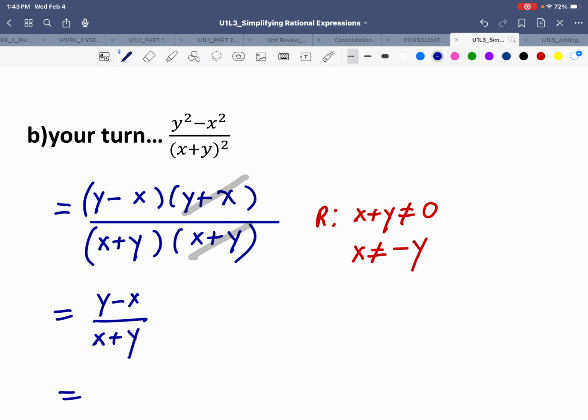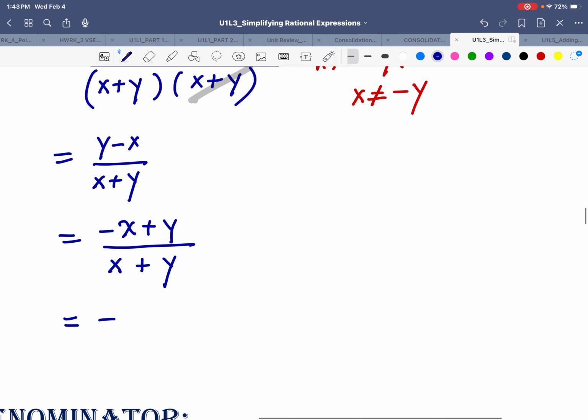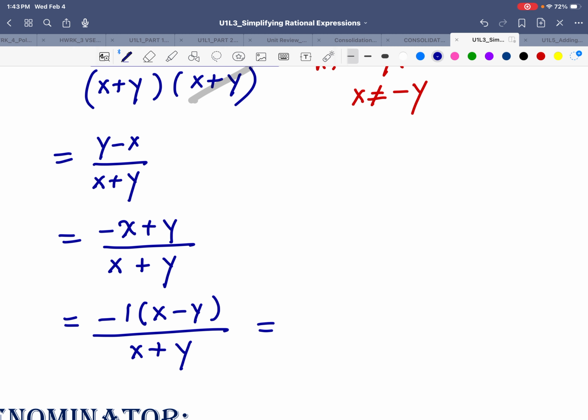And to make this look a little bit better, we're going to rewrite this in proper format so the terms are in the exact same order. And we'll have -1 times (x minus y) over x plus y, or even better, negative (x minus y) over x plus y, where x has to be different than -y.